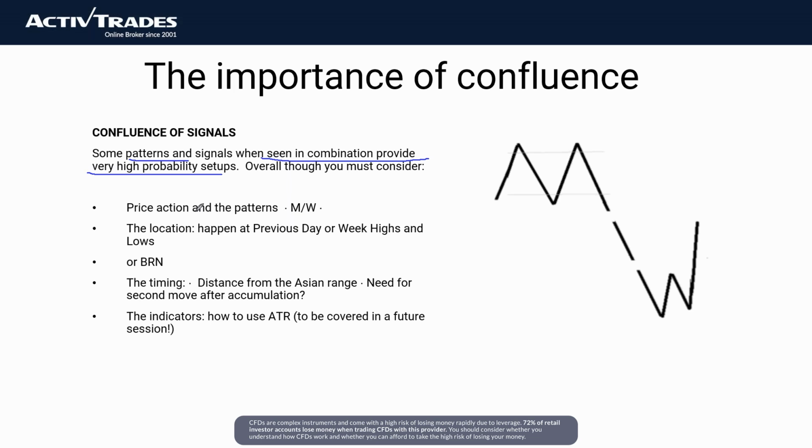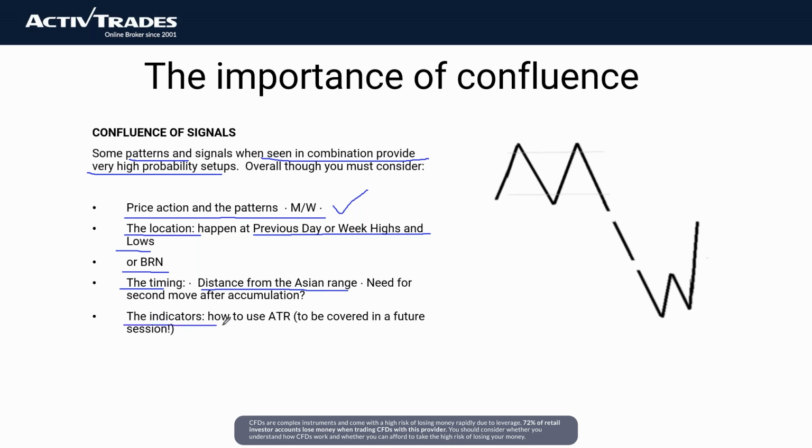So what we want to consider is price action patterns, in terms of double tops, double bottoms, the M and the W, and also the location where they happen. So if it happens at the previous day's or previous week's highs and lows, or at a big round number. Other more advanced elements are how far out of the Asian range price is, if we're trading the London FX session.